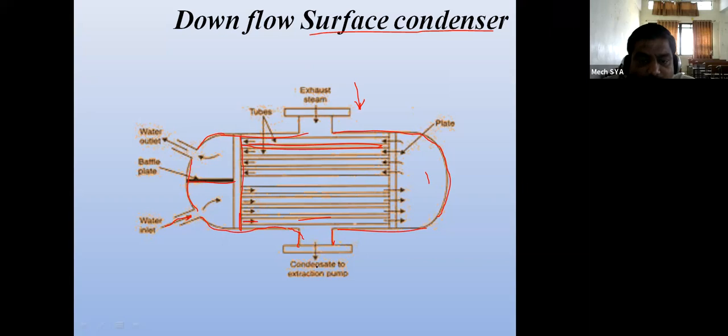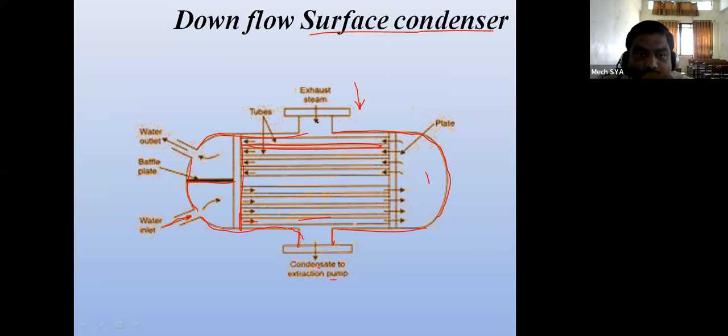With the help of gravity, the condensate goes to the extraction pump, or if the hot well is at a lower height than this condenser, it can naturally be driven to the hot well. Or sometimes, if we want more flow, condensate extraction pumps are used.